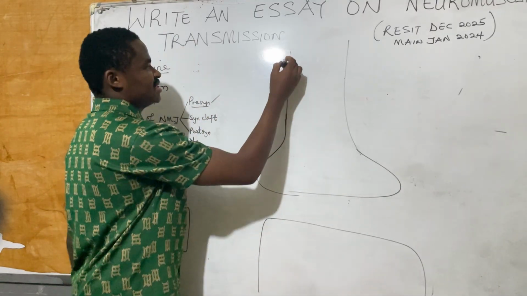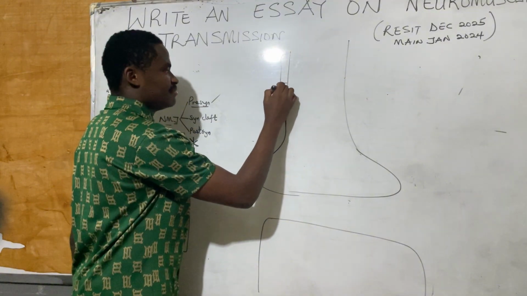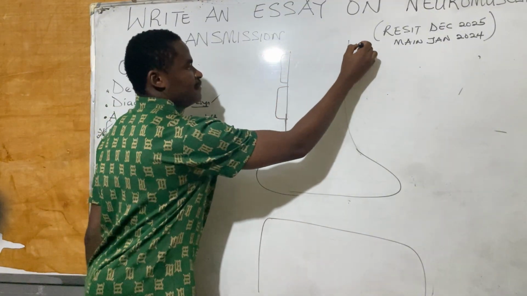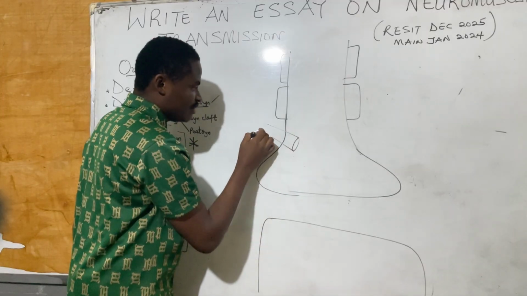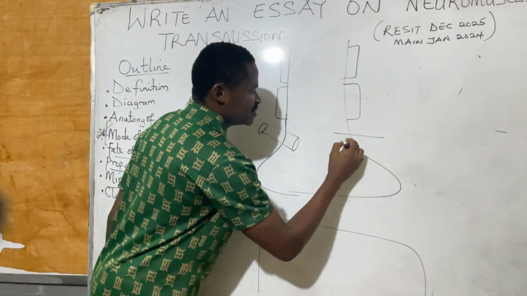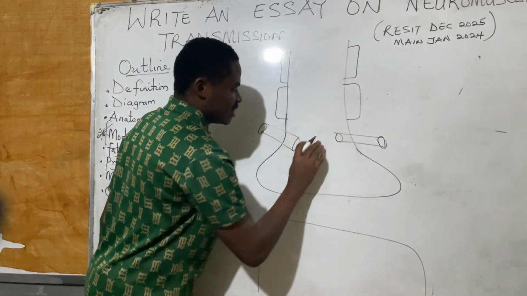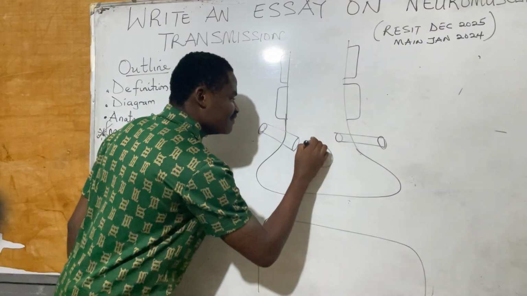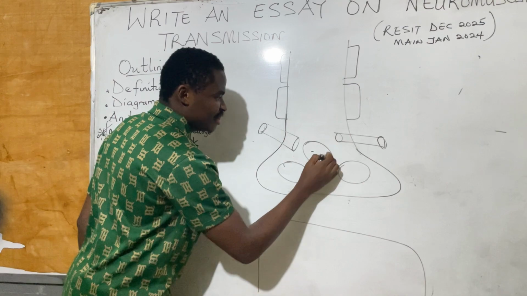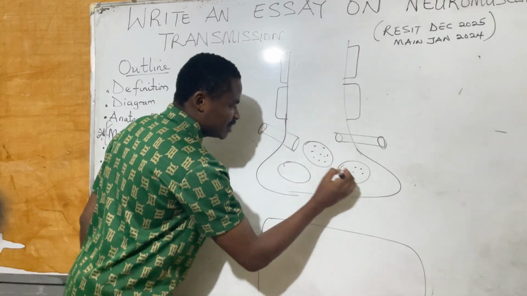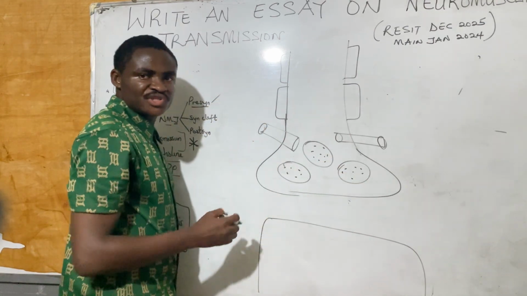Next, this has a myelin sheath like that. It also has some channels, which are called the calcium channels. On this portion here, we're also going to have different vesicles for the storage of acetylcholine. So what have I said?